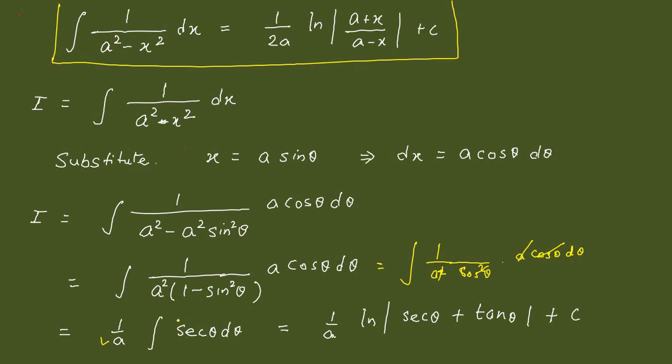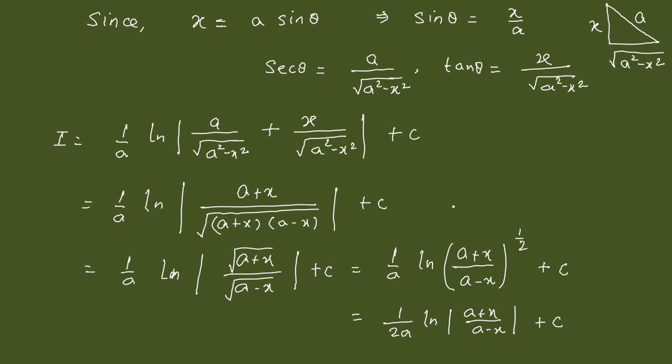So we will have the integration of sec theta, and you know the integration of sec theta is log of sec theta plus tan theta. But we have to write the answer in the form of x, so we have to convert this theta into x. Since x equals a sine theta, sine theta can be written as x over a, and we will have a triangle in which the perpendicular is x and the hypotenuse is a.